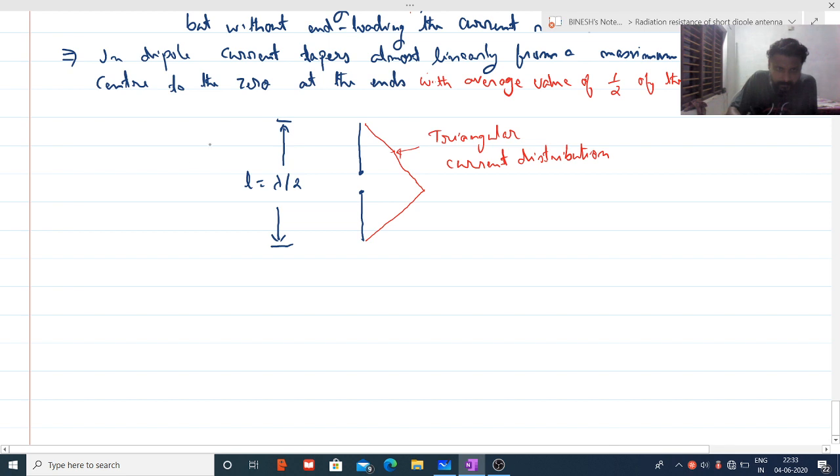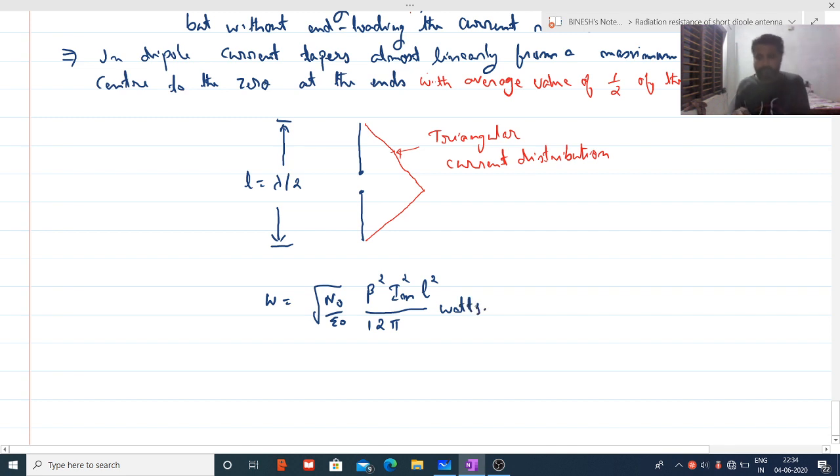That is, I will write it as W. What we got is W equals root of mu naught by epsilon naught, beta square Im square L square divided by 12 pi watts.